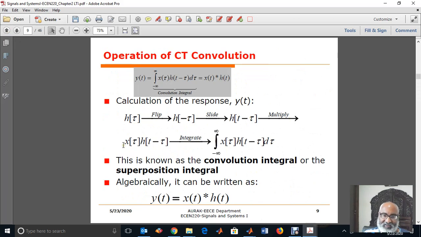Then we multiply x(τ) times h(t-τ). Then we do the integration, of course, using different cases. We construct the cases based on the relation between x(τ) and h(t-τ). By looking at the two graphs, we decide the cases. The cases can be 2, 3, or more than 3, depending on the graphs of x(τ) and h(t-τ).